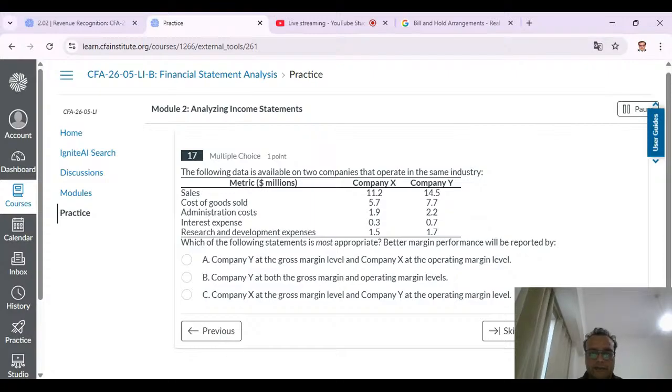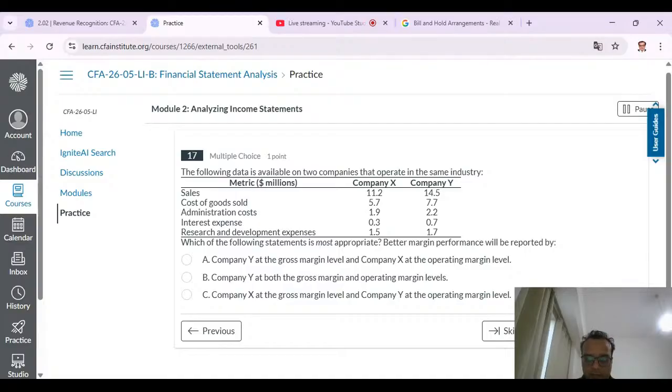The following data is available for two companies that operate in the same industry. कंपनी X है और कंपनी Y है. दोनों का sales दे के रखा है, COGS दे के रखा है, administrative cost दे के रखा है, interest खर्चा, R&D. Which of the following statements is most appropriate?